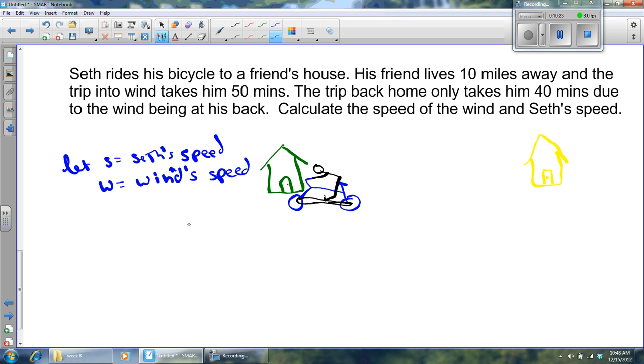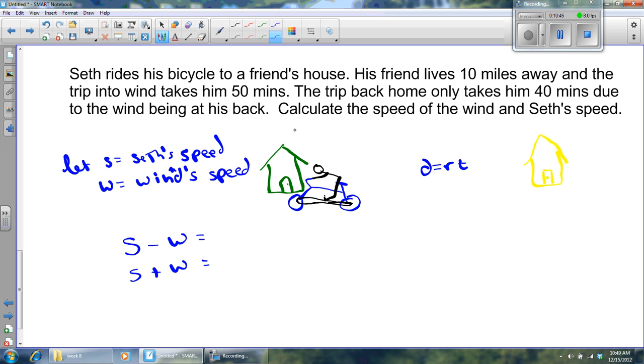And so we know we're going 10 miles into a headwind, so we're going to have Seth reduced by the wind. And of course, we're going to have Seth helped by the wind. Now, again, we have to use D equals RT because we're not given a speed. We're given a distance and a time.